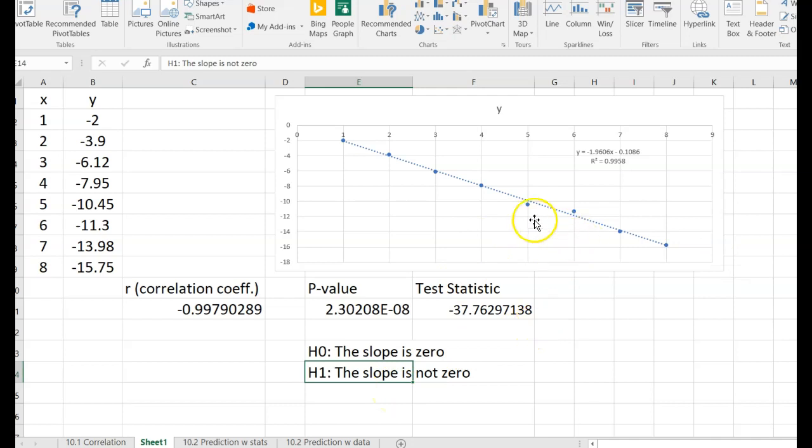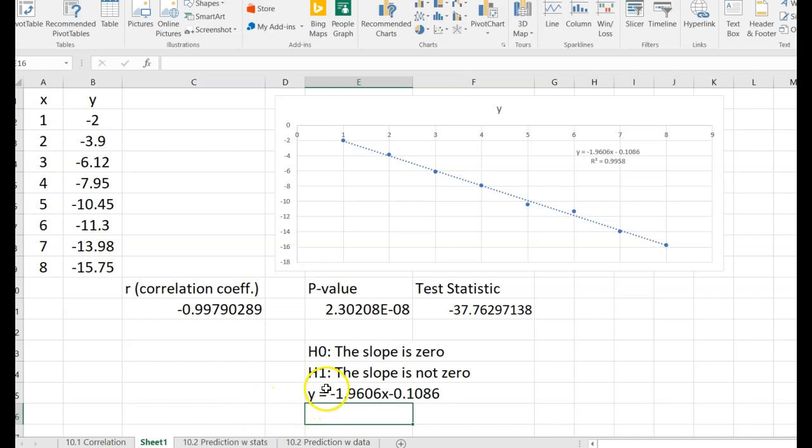All right, and then again, what does this mean? Our line is y equals -1.9606x minus 0.1086. What does that mean?